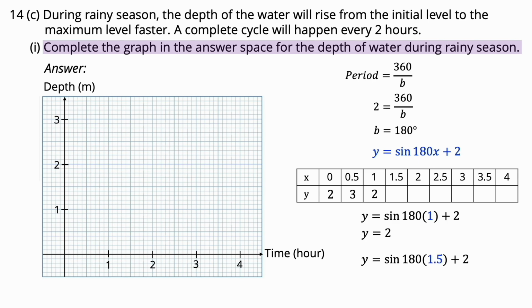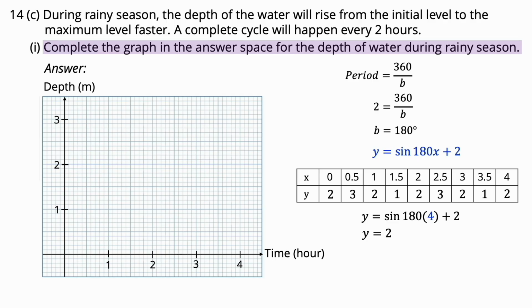When x equals 1.5, y equals 1. When x equals 2, y equals 2. When x equals 2.5, y equals 3. When x equals 3, y equals 2. When x equals 3.5, y equals 1. When x equals 4, y equals 2.